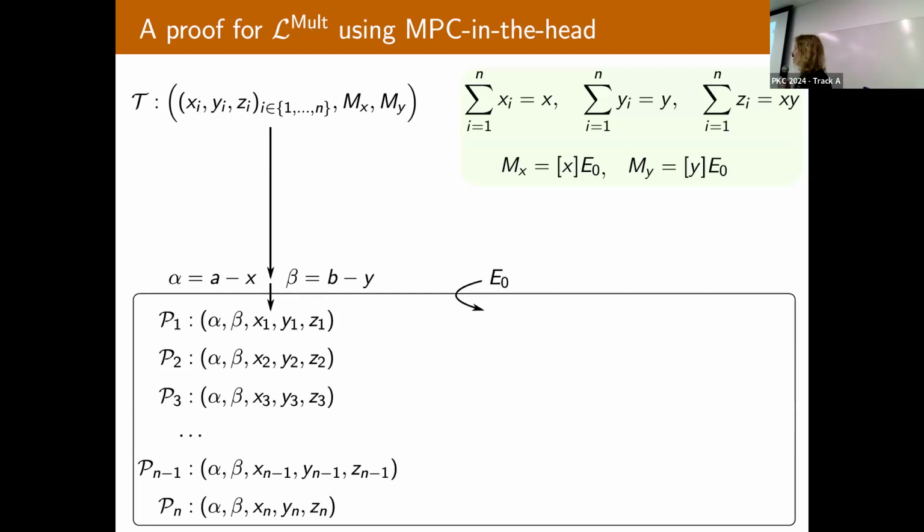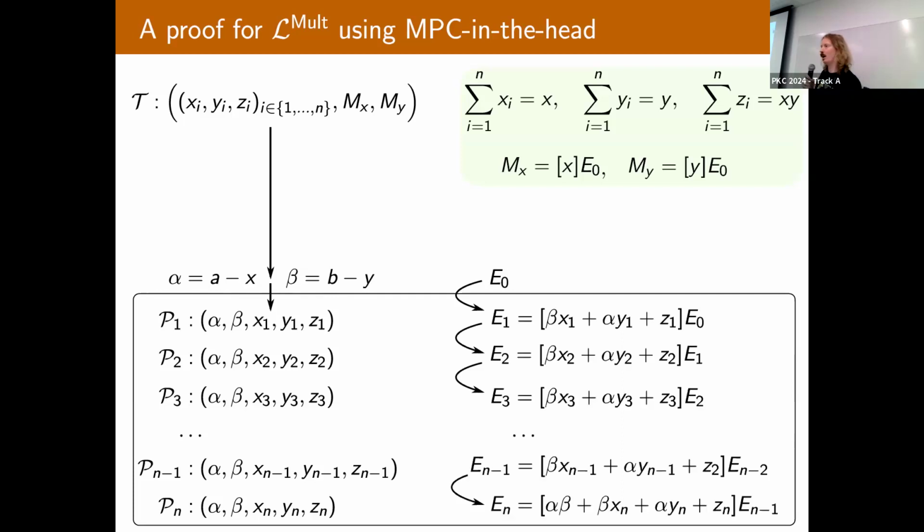And then we input E0. Every party computes this distributed sum that we had before using their shares of this tuple. Because this is all additive, the last element is exactly A times B applied to E0, if this is done correctly. The prover then commits to all of these views.